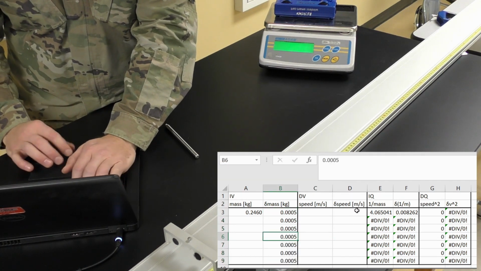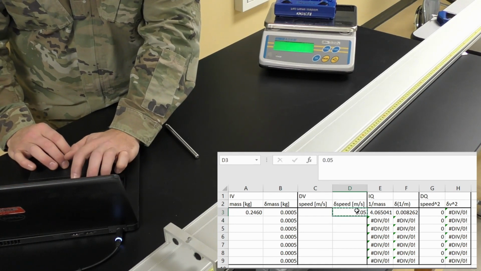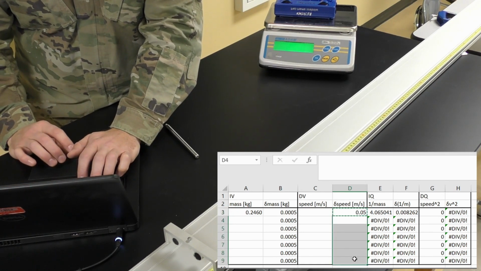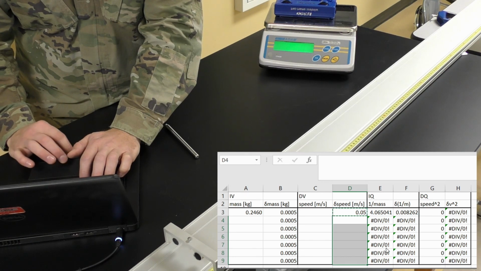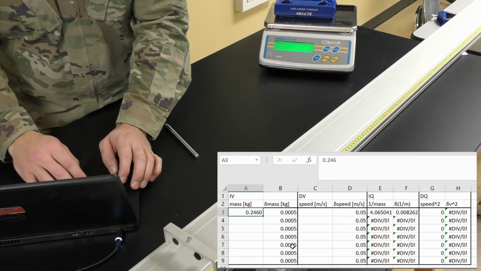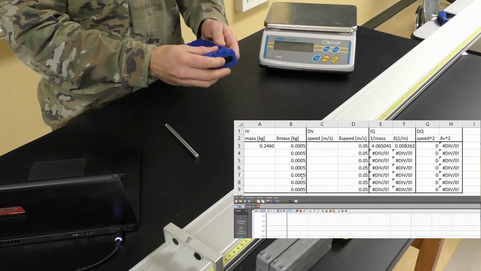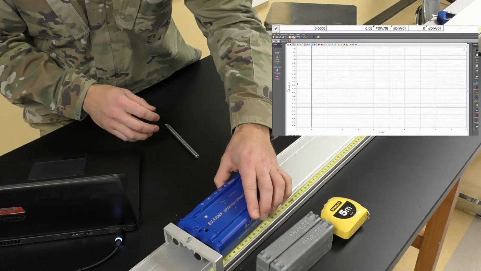And then as discussed, the absolute uncertainty associated with the max velocity is also going to be 0.5 meters per second, so I'm going to copy that all the way down. So now for my first trial of no additional masses on the cart, let's go ahead and take our first measurement.